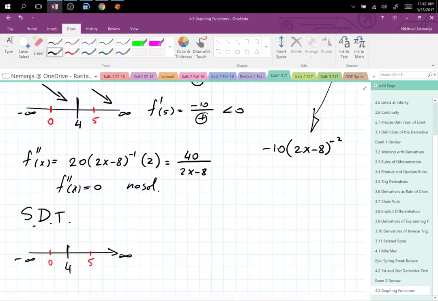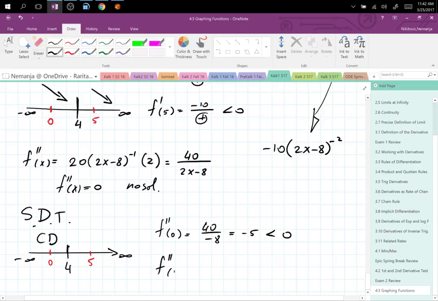Now that will change, as you can see. So second derivative at 0 is 40 divided by negative 8, which is negative 5, which is less than 0, which is concave down. And at 5, we have 40 divided by 10 minus 2 is 20, larger than 0, concave up.